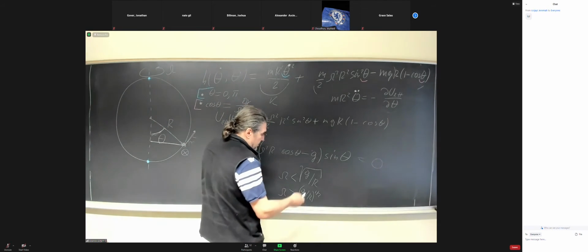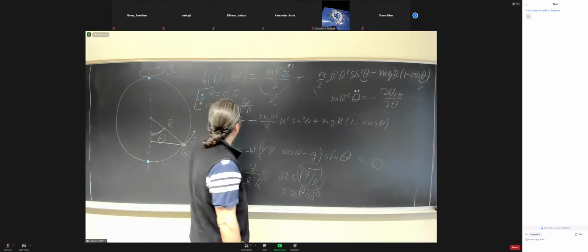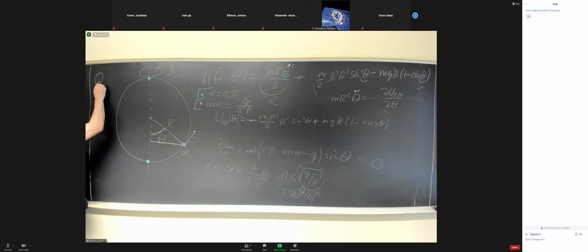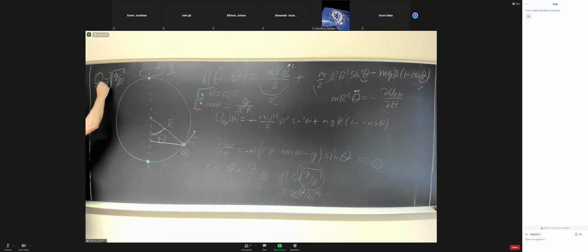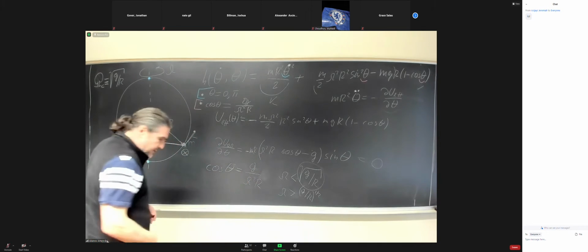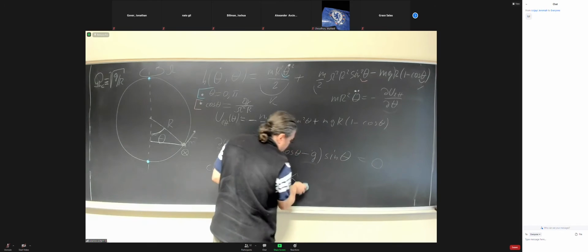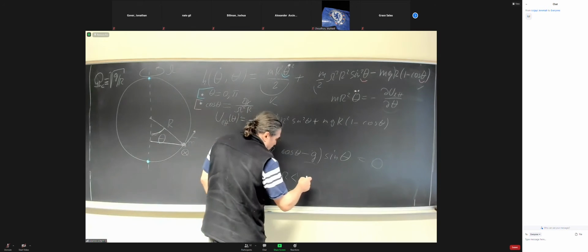So instead of writing the square root of G divided by R, let me call this omega critical. It's the critical value of omega, the square root of G divided by R, by definition. So in this problem there is a special critical omega. By the way, you may notice that it's exactly the frequency of the oscillator.